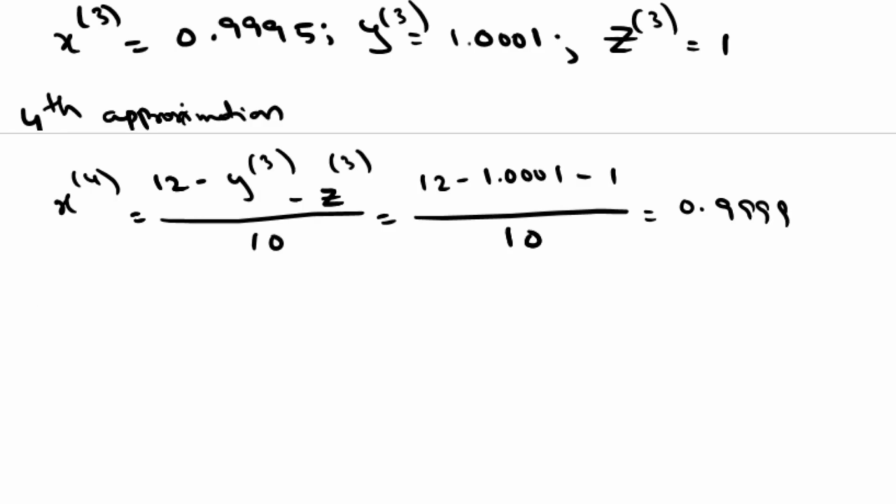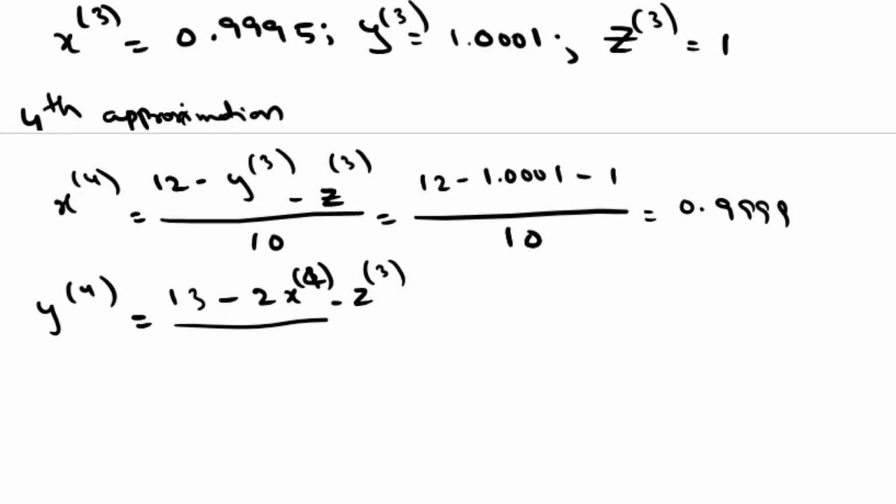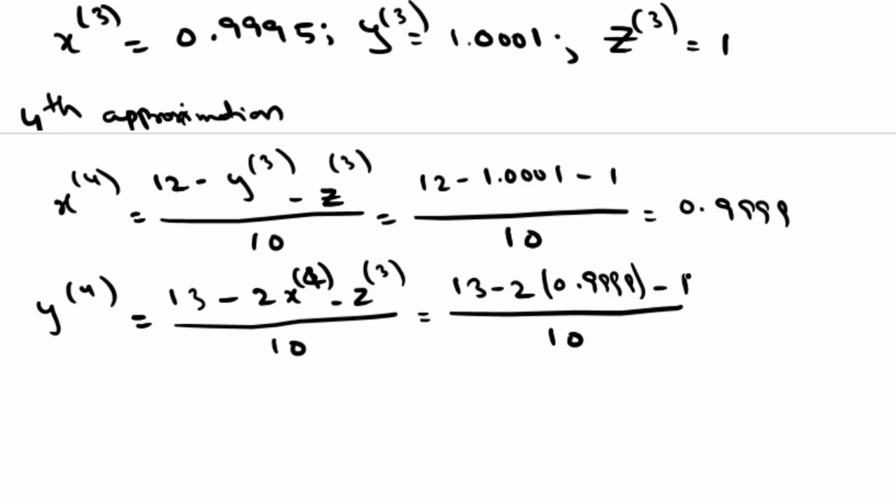Y of the fourth approximation is 13 minus 2 into x minus z of the third approximation, divided by 10, equals 1.